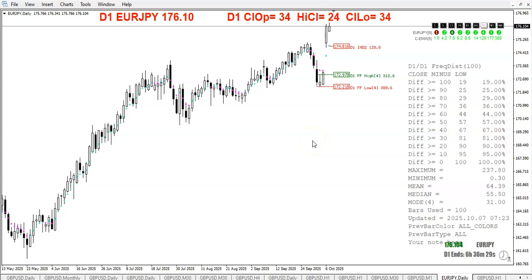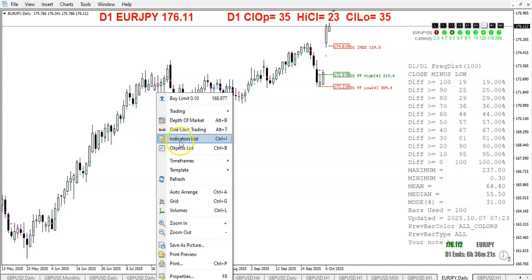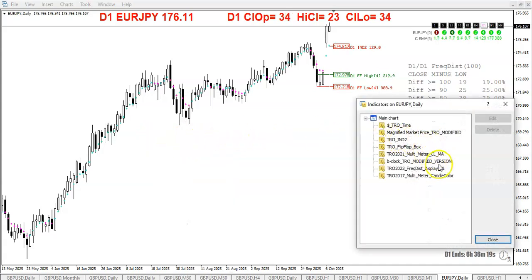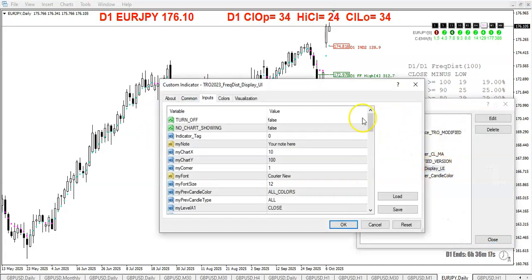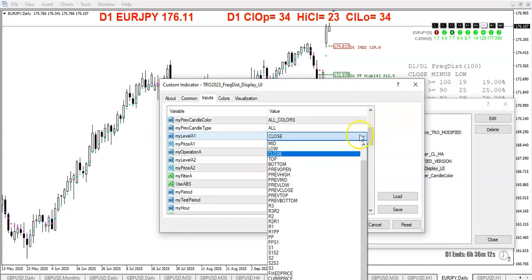So those are the main frequency distributions that I like to look at. That's like the core. And I really hope this helped. And of course, if you have more questions, feel free to ask. But you can run all kinds of frequency distributions using the pivots, using a moving average, using the fib, tops and bottoms.